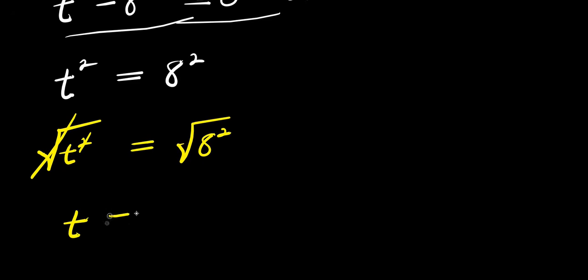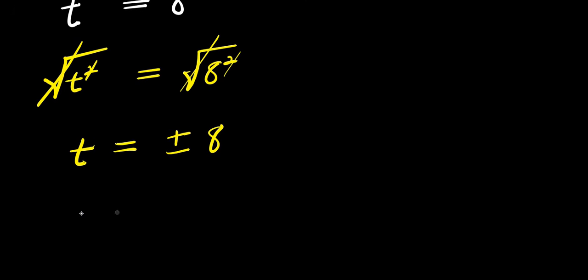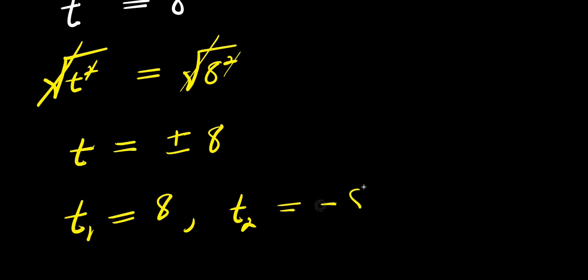We have t equals plus or minus a, since we are dealing with a square root. So from here we have two values for t. We have t1 equals a, and we have t2 equals negative a.